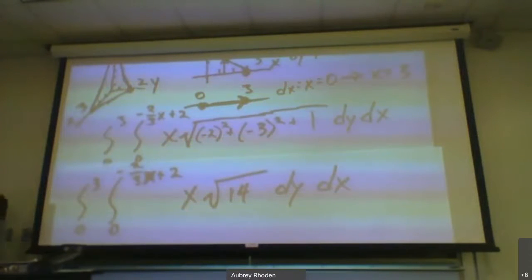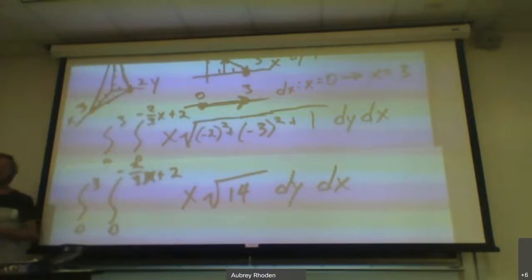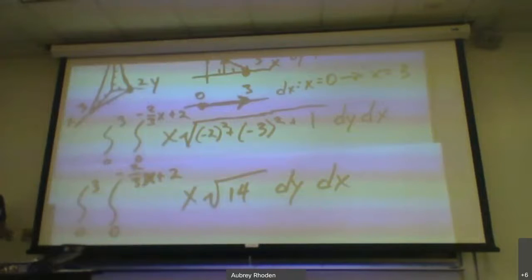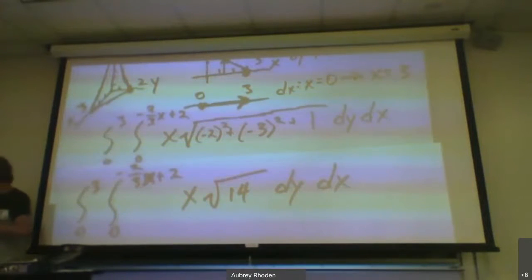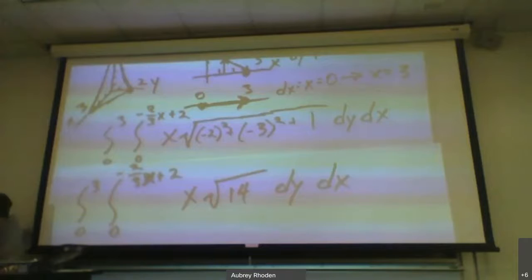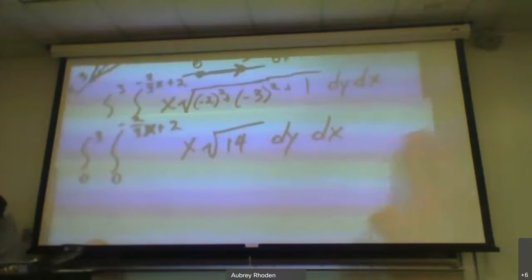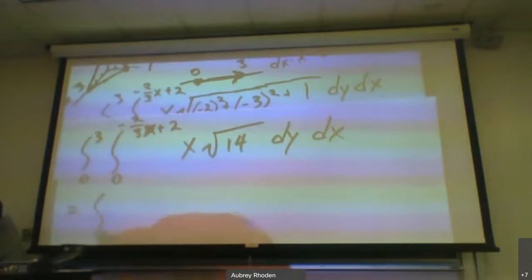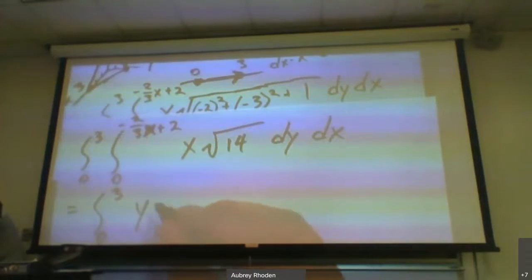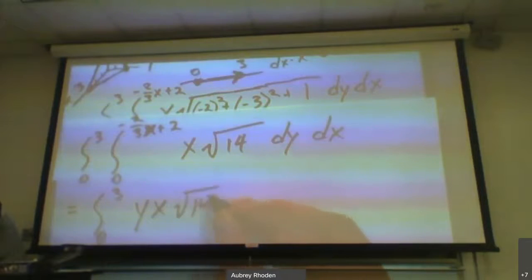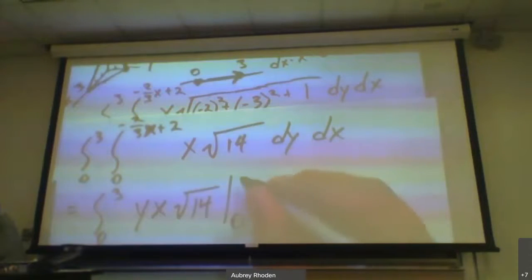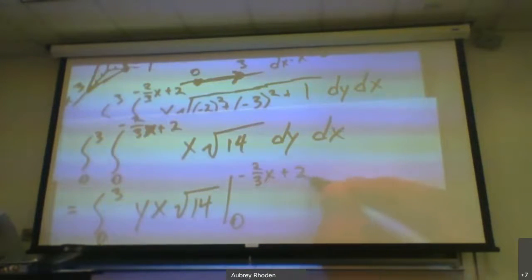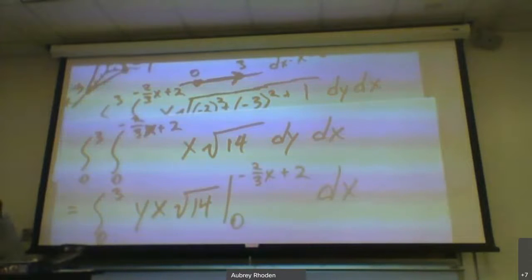Okay. Now we're integrating x times the square root of 14 with respect to y. We don't have any y's in this problem, so remember we're treating the x's as a constant. So that's going to equal the integral from 0 to 3 of y x root 14 evaluated at 0 and negative 2 divided by 3 times x plus 2, and an integral with respect to x.